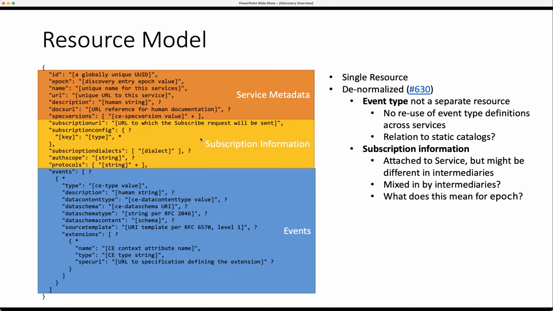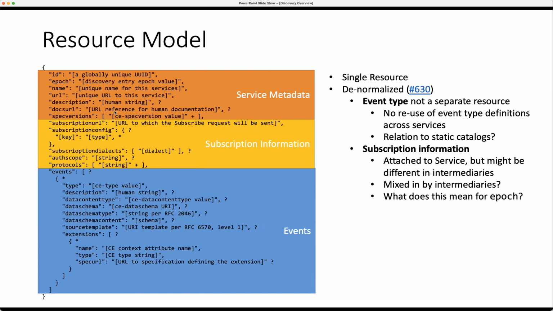One thing I see here is this service metadata, subscription information, and events in a single resource. That makes me wonder how that would work in our scenarios, as we have this replication to different endpoints, where the subscription URL would have to be mixed in by the infrastructure, and that would, according to the spec right now, be a modification to the service.